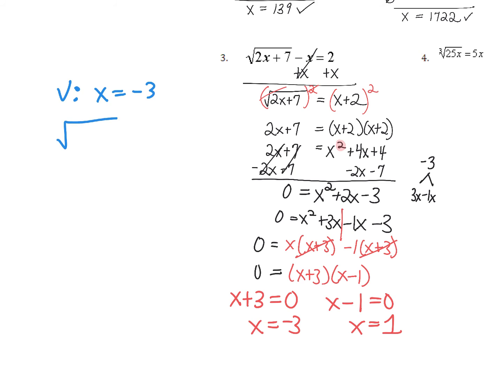In doing so, I would be plugging negative 3 in for x in my equation and seeing if it gives me 2. So 2 times negative 3, that's negative 6. Negative 6 plus 7 is 1, and then the square root of 1 is 1. Minus a negative 3, that's plus 3. Does 1 plus 3 equal 2?